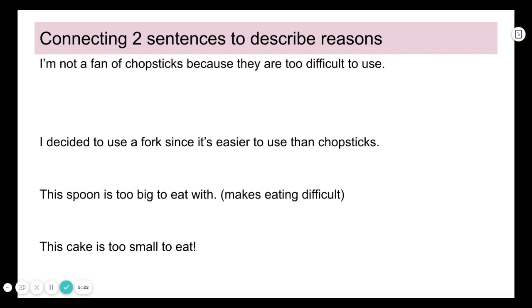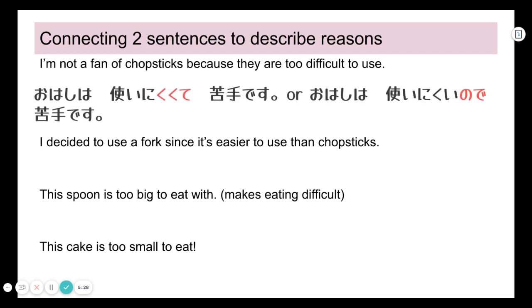Okay, let's try to use those things to connect sentences. Like, I'm not a fan of chopsticks because they're too difficult to use. Yeah, to make a little more complicated sentence, お箸は使いにくいです turns into 使いにくくて苦手です. This kanji is called 苦手, not a big fan.